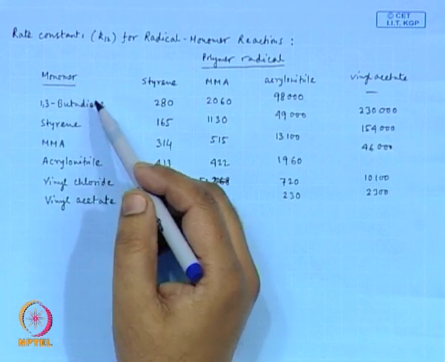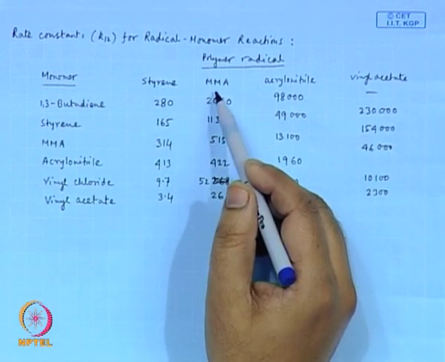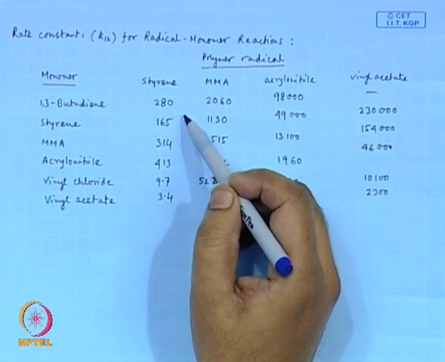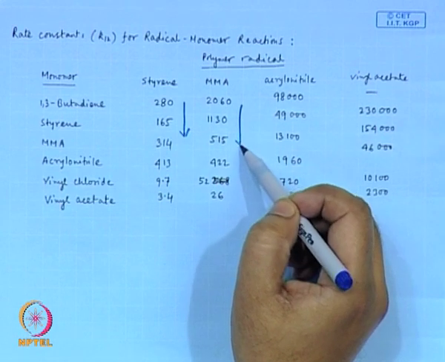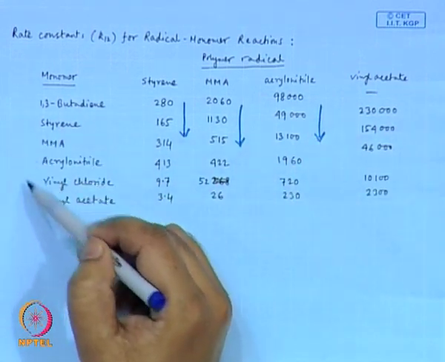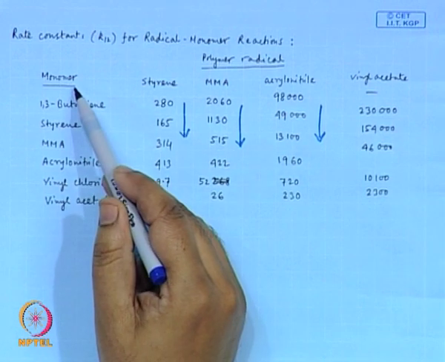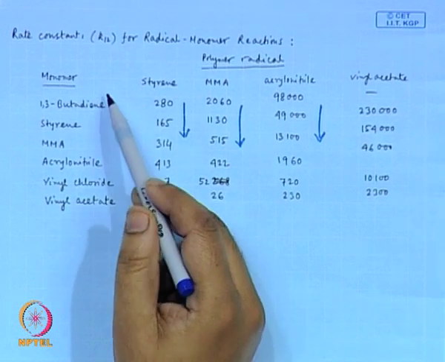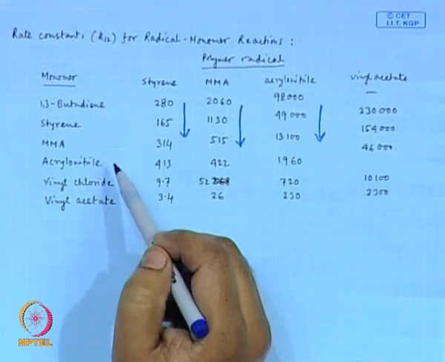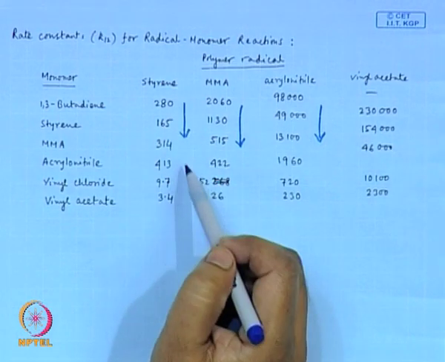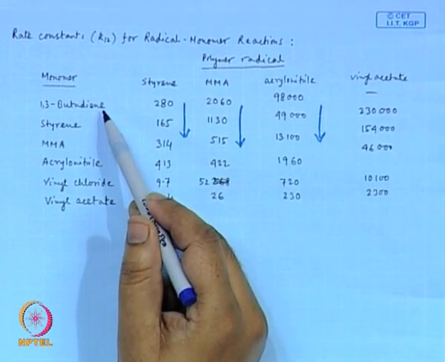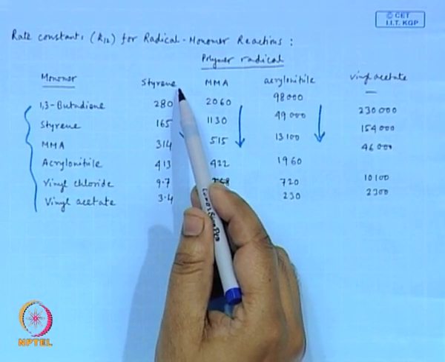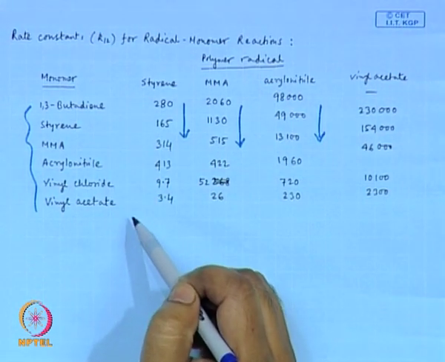So, if I compare different monomers with a particular radical, say like styrene in this case, you will see that these numbers are lower in this direction, which means the order of reactivity of these monomers follows this order, which we just showed on the last page for a particular radical.